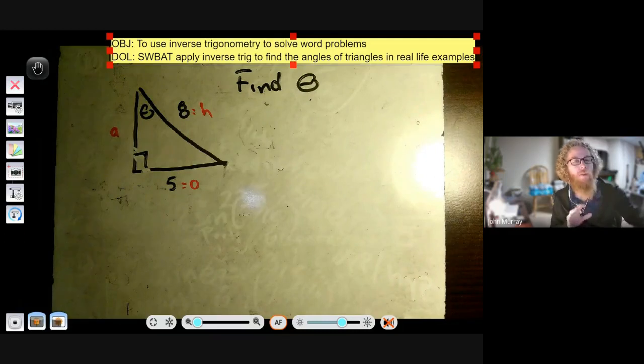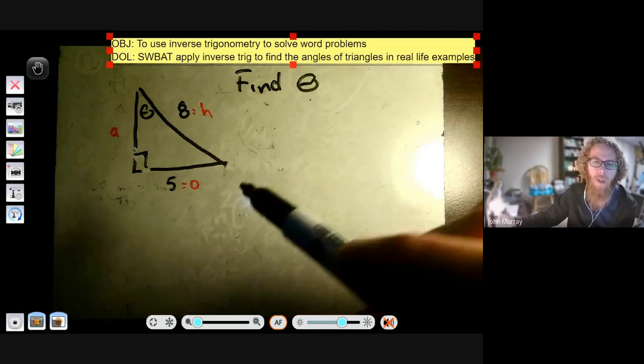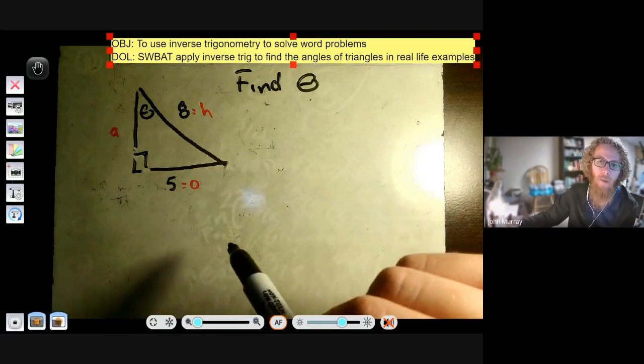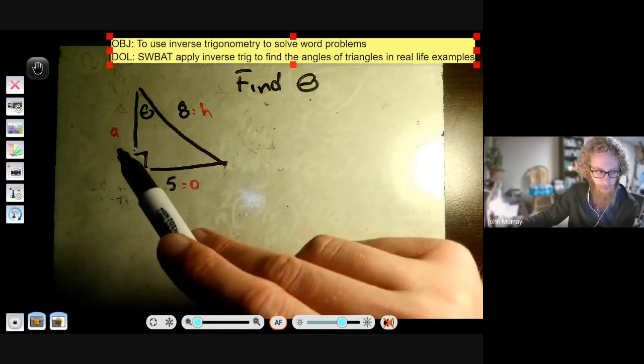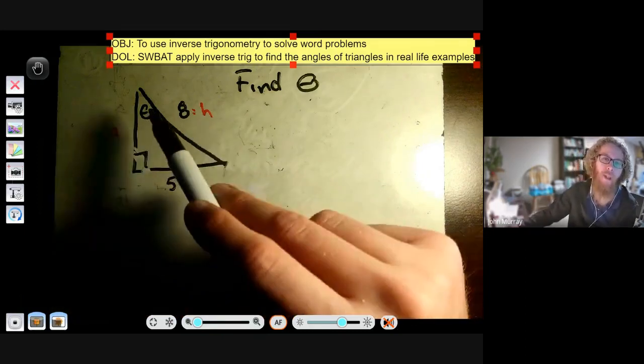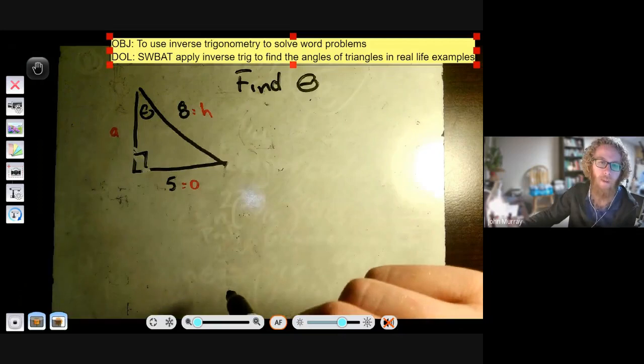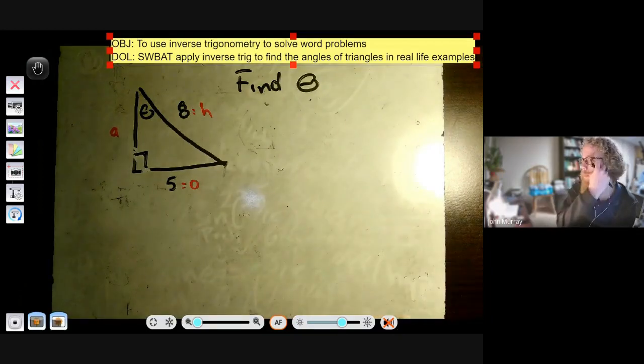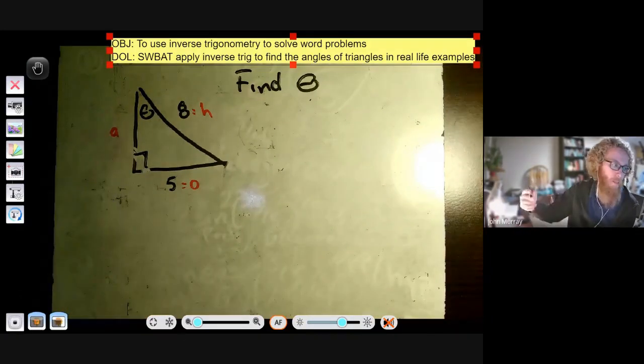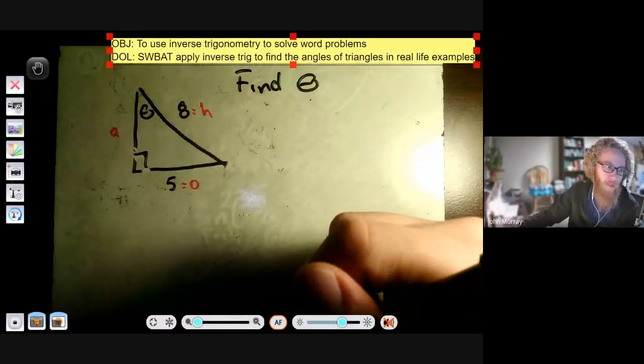When you're asked to solve the triangle, what that means is find everything that's missing, and we'll take a look at that maybe tomorrow or Wednesday. So solving the triangle, I would find this angle and that side. Labeling this might come into play later to help us.